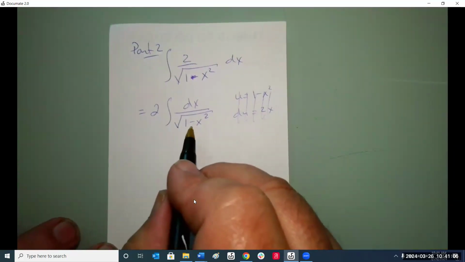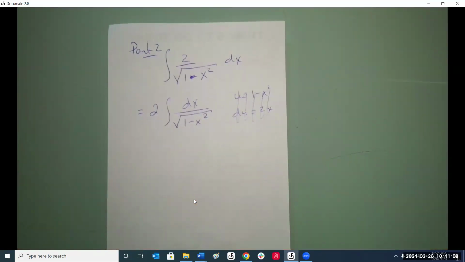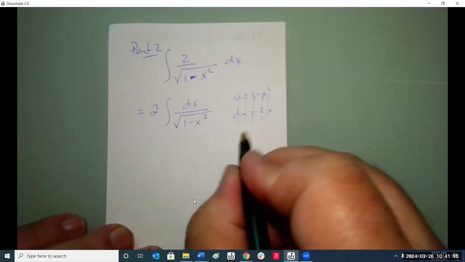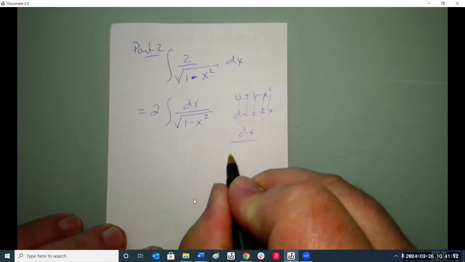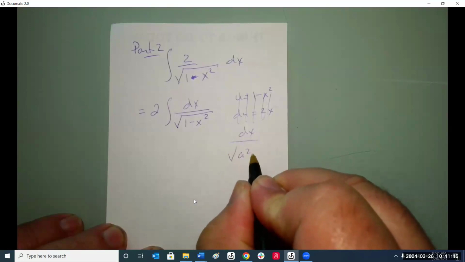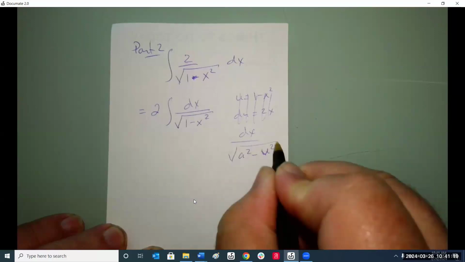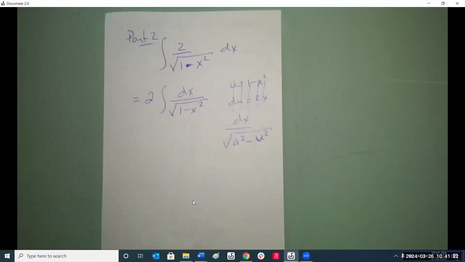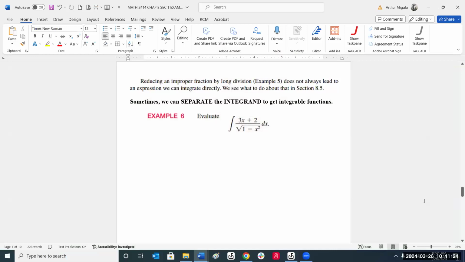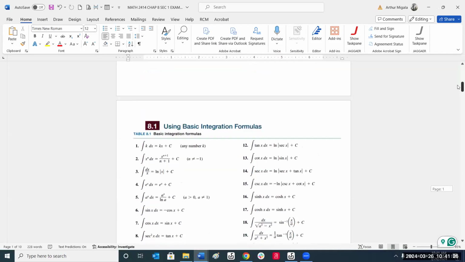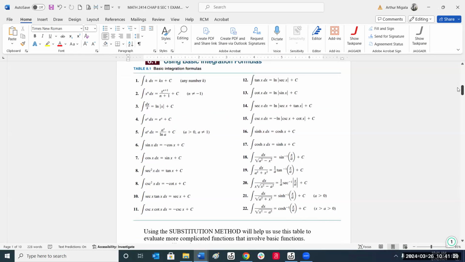So let's look at what we have. What we have is in the form dx over the square root of a squared minus u squared.